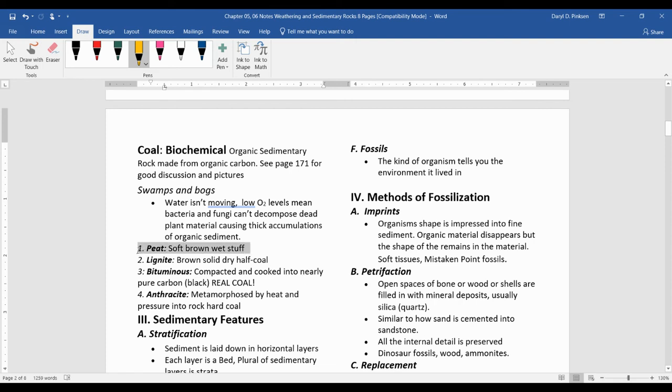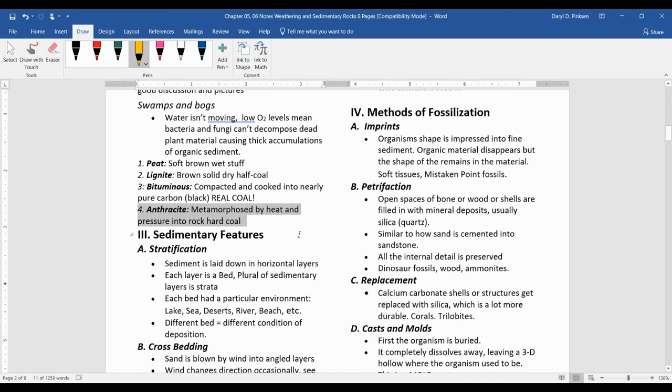It will eventually turn into a peat, which almost looks like ground up wood chips, soft and brown. When that is buried more deeply and compacted, it will turn into a brown coal called lignite. And when it is completely transformed into pure carbon, it's called bituminous coal. And if it ends up getting metamorphosed, it will turn into something called anthracite, which is very glassy looking, almost looks like obsidian, but it's pure carbon.